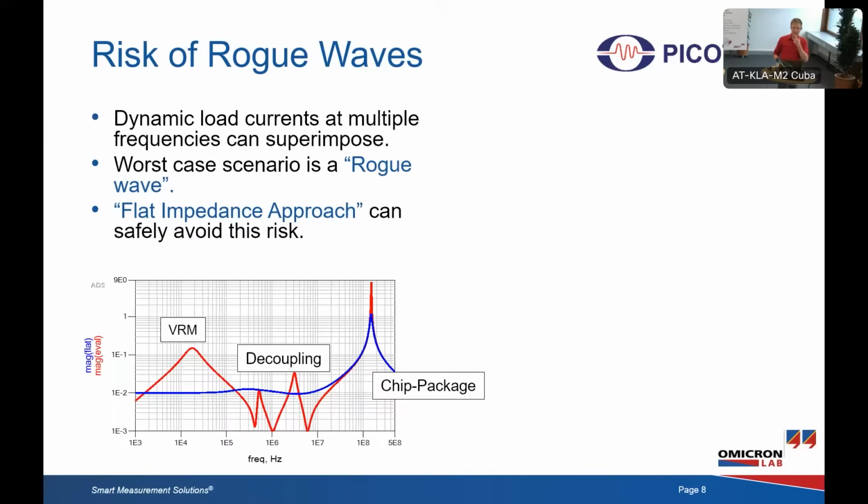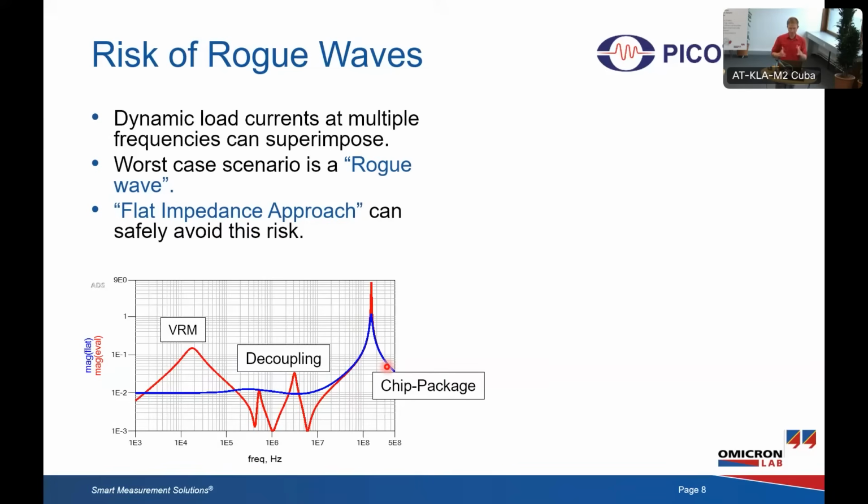So in this picture, you see a red curve with multiple resonance peaks. There is the first peak from the VRM, then there are 2 peaks from the decoupling network, and then there is the last peak that is simulated from the chip package that is formed by the on-die capacitance and the bond wire in the chip package.